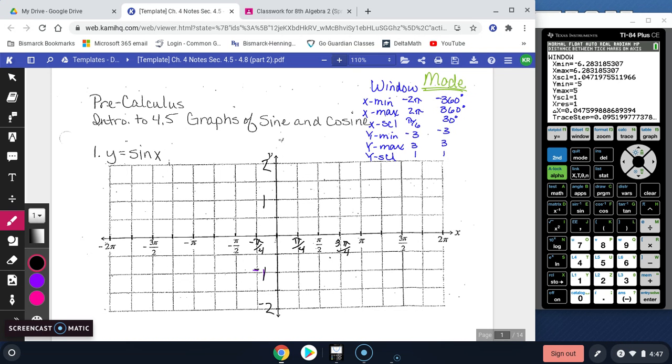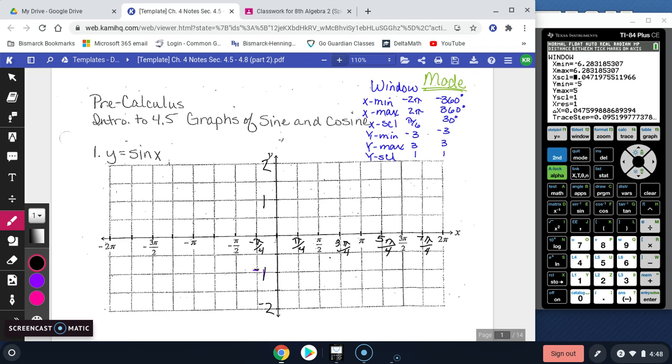So you can see that each of these tick marks is in increments of a quarter pi. We have 1 pi over 4, 2 pi over 4 is your pi over 2, 3 pi over 4, 4 pi over 4 is your pi. And then this next one would be 5 pi over 4. 6 pi over 4 simplifies to 3 pi over 2, and then 7 pi over 4, and then 8 pi over 4 reduces to 2 pi.